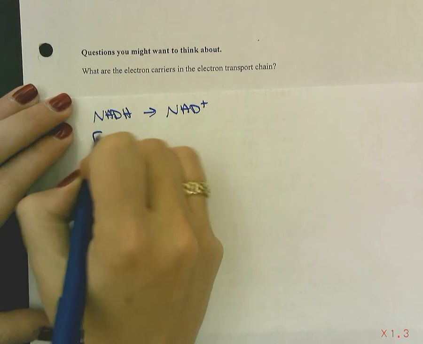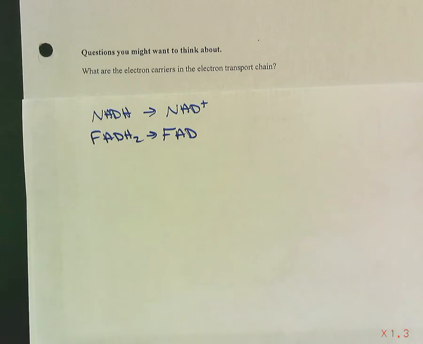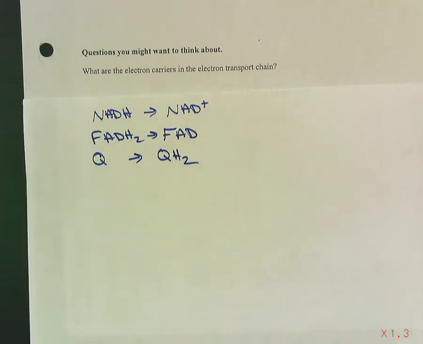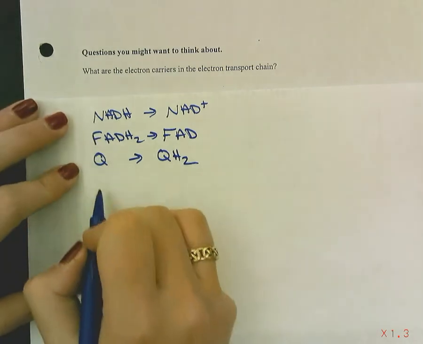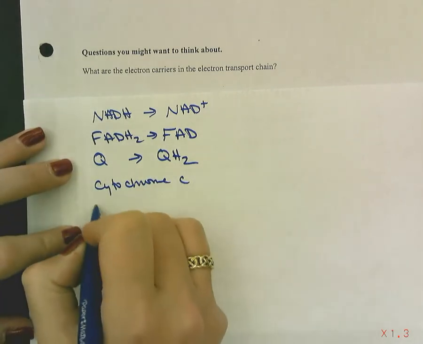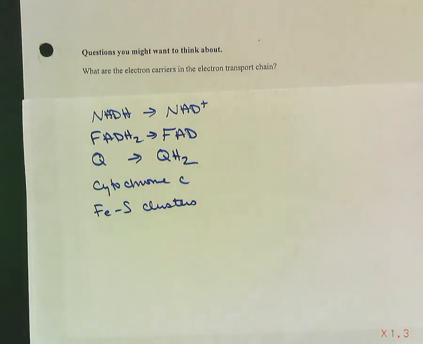Yep, we use some FADH2. CoQ. Two more. Cytochrome C. Iron sulfur clusters. All right, so we need 5 cofactors in our electron transport chain to be able to transfer electrons from complex 1 to 4 or from complex 2 to 4.